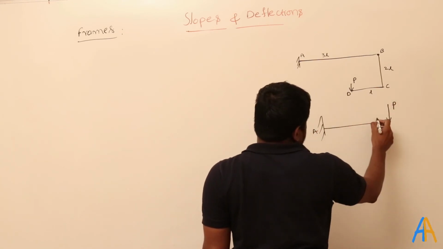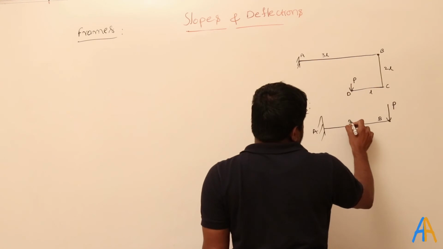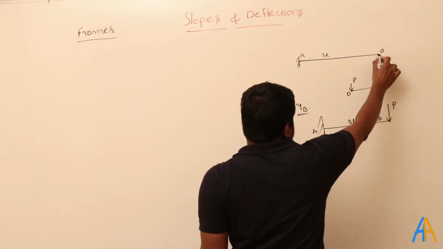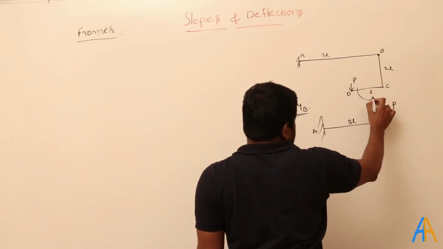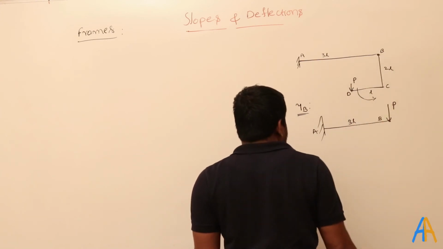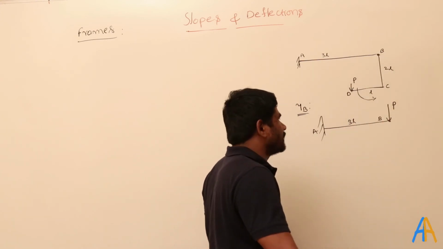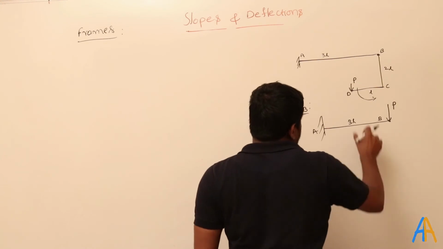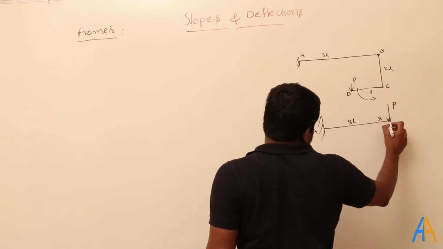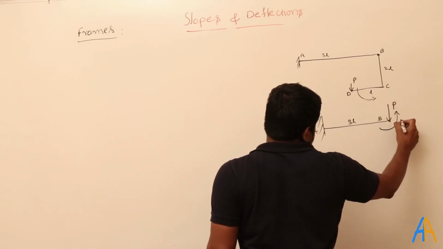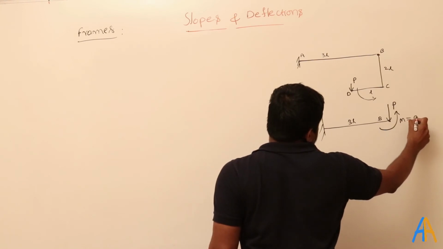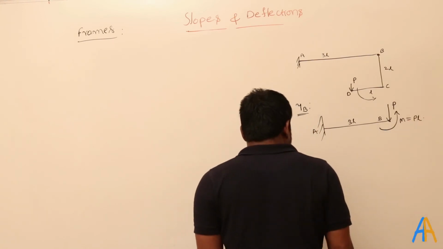This is A and this is B, with a length of 3L. P is acting here and it is trying to turn this, so there is a moment acting there. How much moment is acting there? L into P, so M equal to P into L. This much is acting.